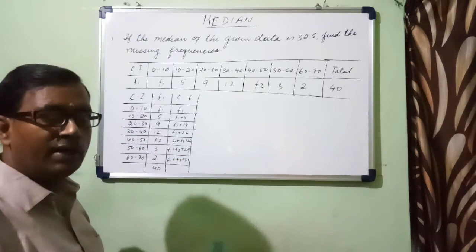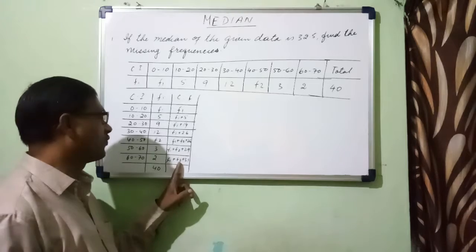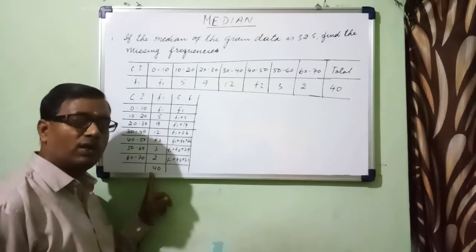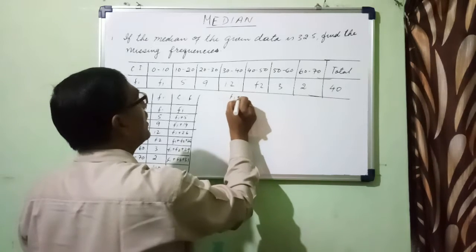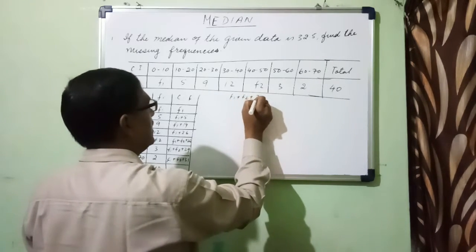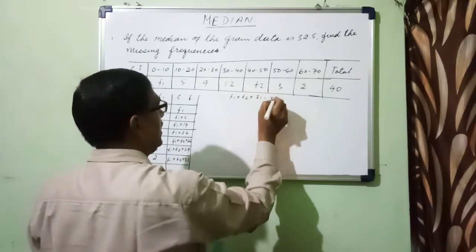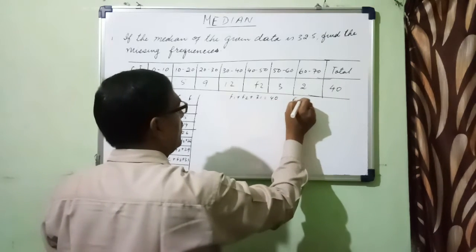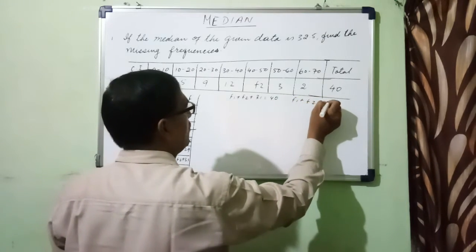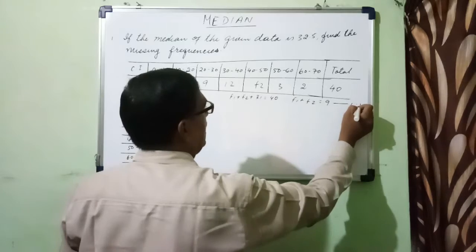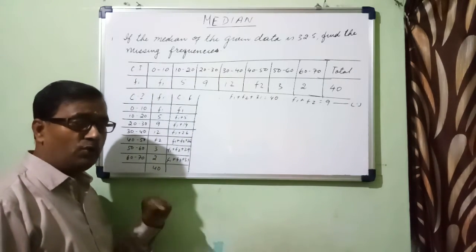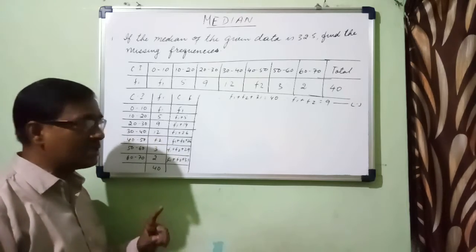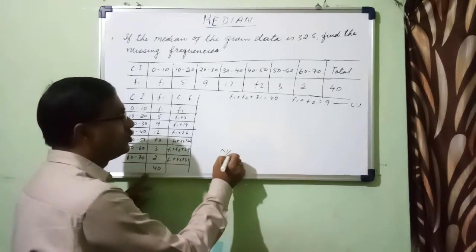As I said earlier also, the last cumulative frequency is equal to the total frequency. So F1 plus F2 plus 31 is equal to 40. Therefore, F1 plus F2 is equal to 9. Say equation number 1.